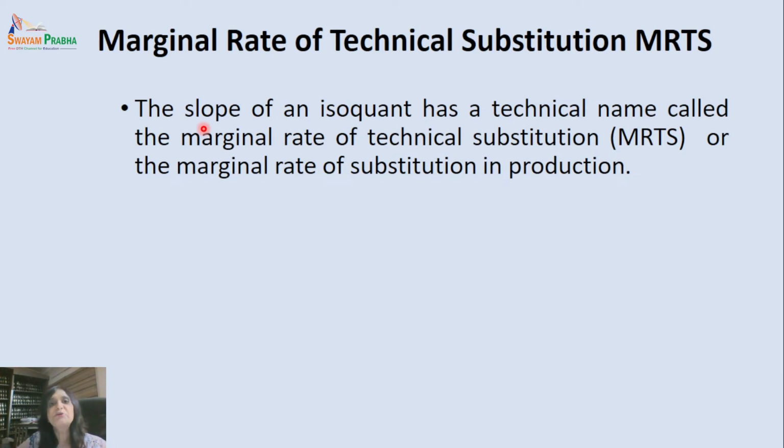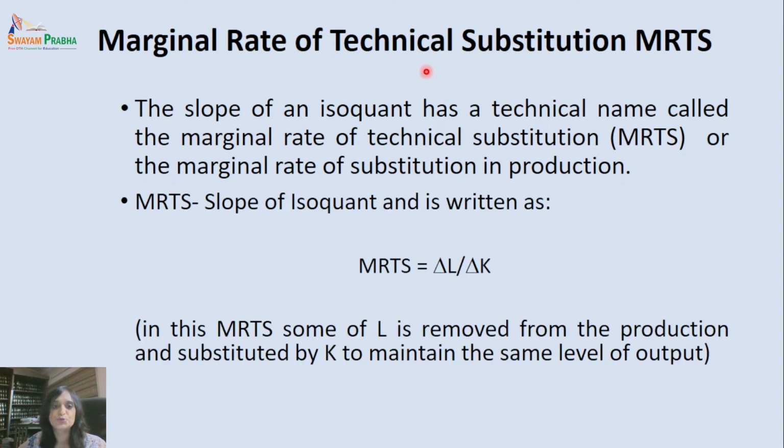This rate of substitution of capital for labor, or of labor for capital, is called the marginal rate of technical substitution. Okay, so MRTS is the slope of the isoquant, and it is written as MRTS = ΔL/ΔK. That is, ΔL is the change in labor due to change in capital.